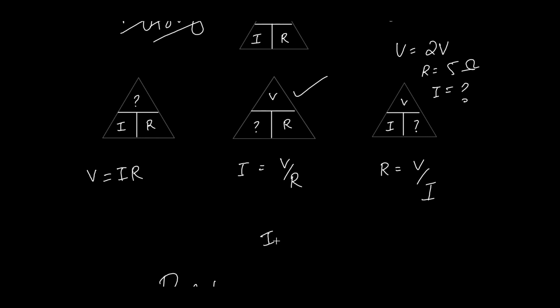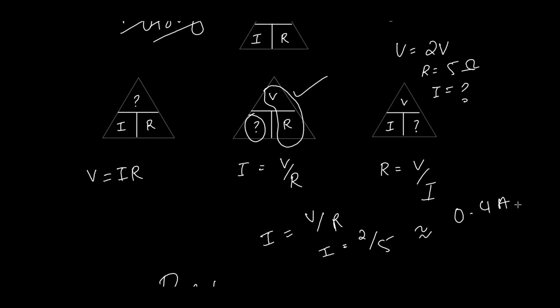I is not known, so you simply divide V by R. So I equals 2 divided by 5, which is 0.4 ampere. This is how you are going to use your magic triangle.